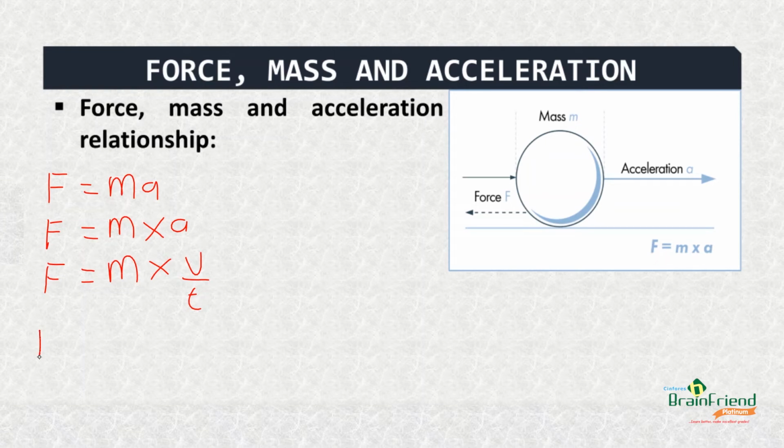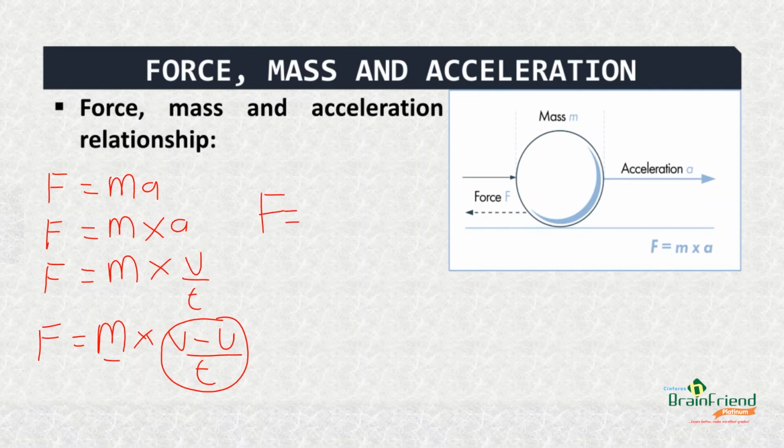Bringing it further, we also know that acceleration is simply final velocity minus initial velocity all over time. Summing it up for an equation, this is the acceleration. So we can say F is equal to m, which is the mass, multiplied by acceleration. So force is equal to mass times acceleration.